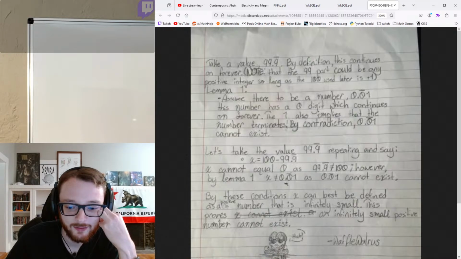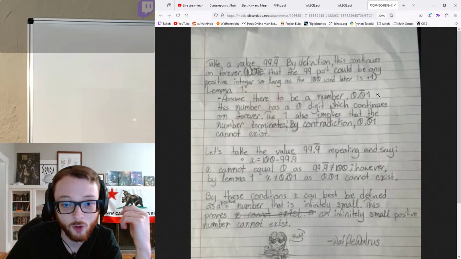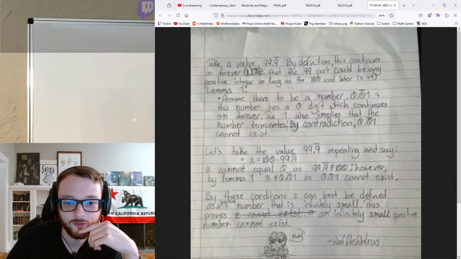So I think maybe the weird thing here is that we can always imagine a number like what this idea is expressing, where if we have 0.01, we can also write 0.001, 0.0001, and we can always put in as many zeros as we want.